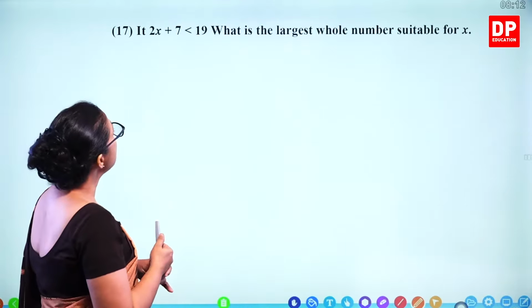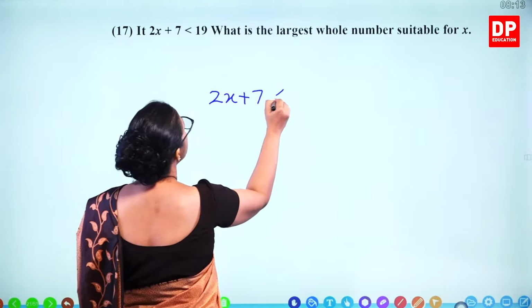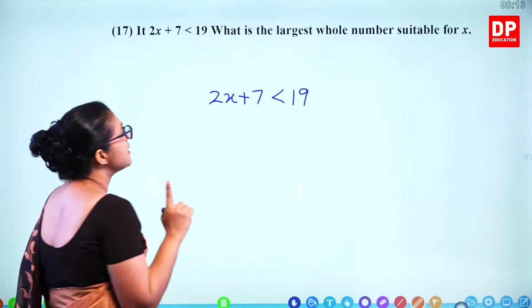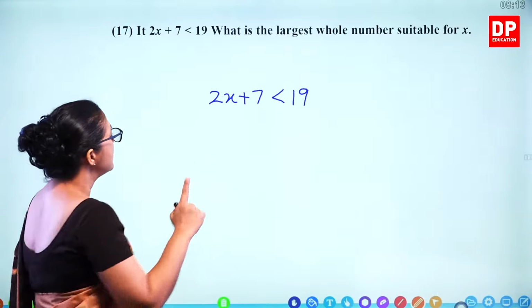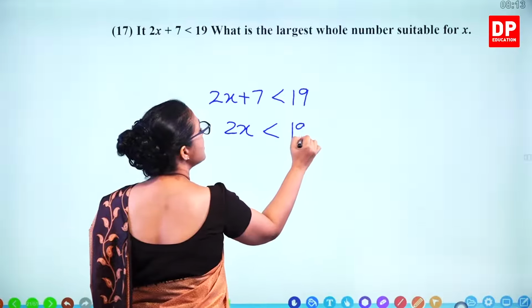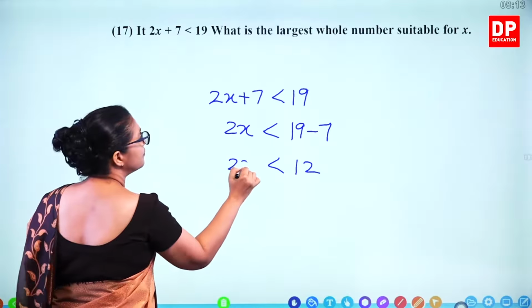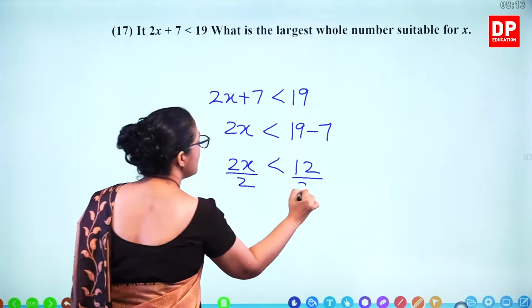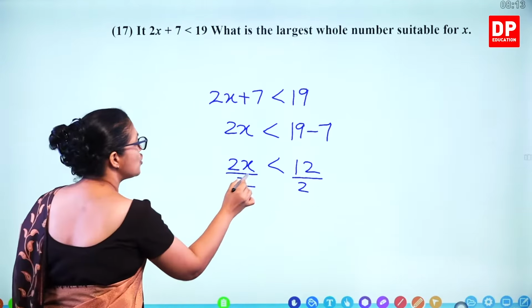Question number 17. 2x plus 7 is less than 19. What is the largest whole number suitable for x? So we'll try to solve this. Take 7 to the other side. 2x becomes 19 minus 7. This becomes 12. Divide by 2. Nothing will happen to the sign because you are dividing by a positive integer.